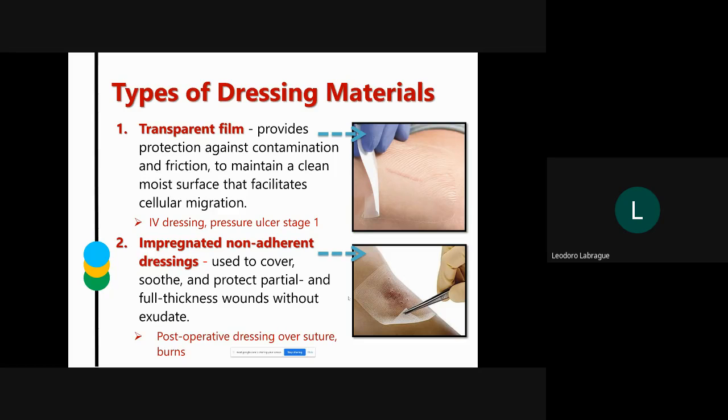And normally we use this one if we have a post-operative wound, or a burn patient. Again, impregnated non-adherent dressing. This type of dressing normally has medications already on the dressing itself. It is primarily used if the patient has post-operative wound or if the patient has burns.